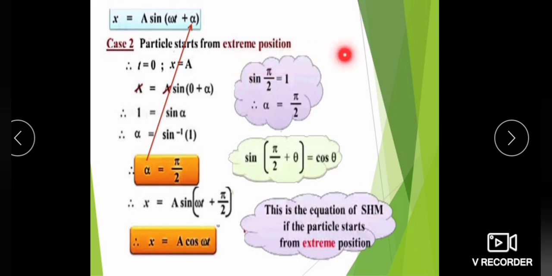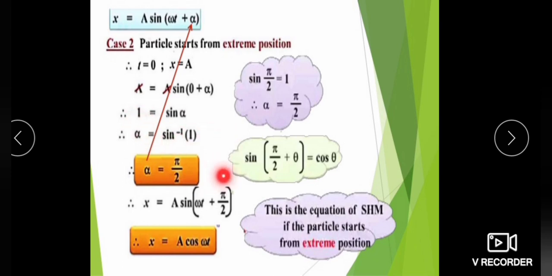In the extreme position, if the particle starts from the extreme position at t equal to 0, then in the extreme position x is a, magnitude is a, and hence a is equal to a sin of 0 plus alpha, and hence 1 is equal to sin alpha. Sin inverse of which angle is 1?